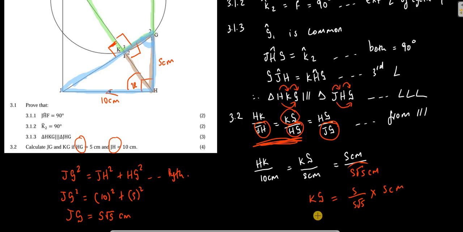So if you do that, what is 5 over root 5? It's just root 5. How does that one work? Oh yeah, 5 over root 5 is simply root 5. Okay, so the answer is simply root 5.